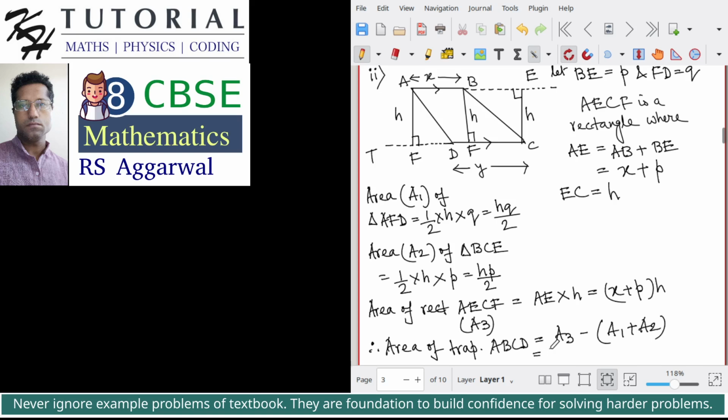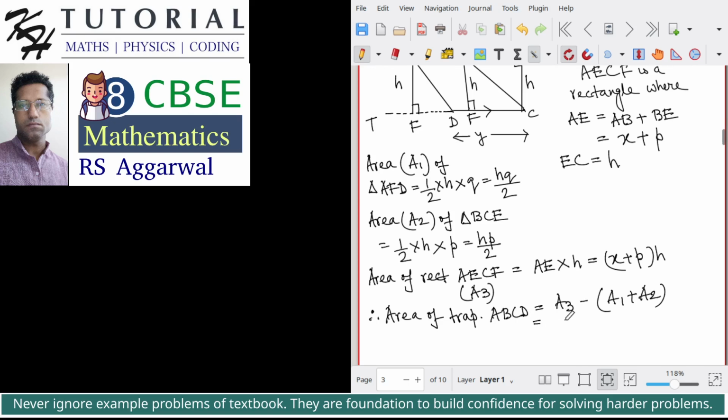This is equal to, what is A3? A3 is X plus P into H minus, what is A1? A1 is HQ by 2, and A2 is HP by 2.